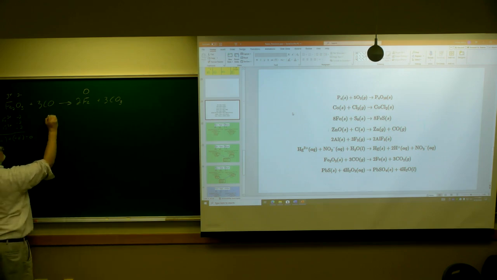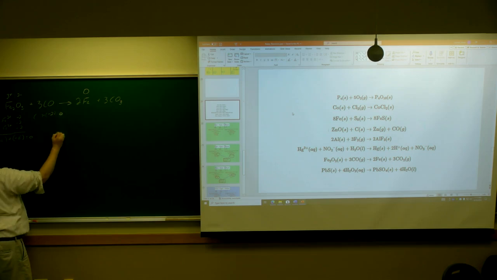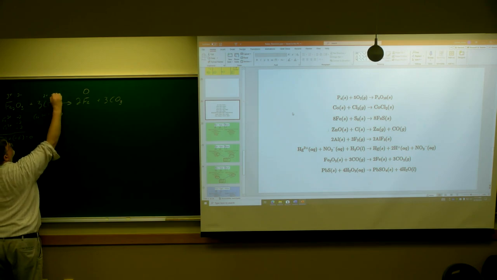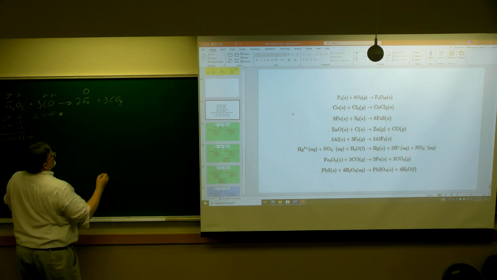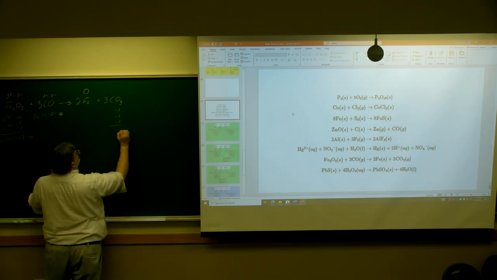So here, if oxygen is -2, carbon has to be plus 2, and 3 -2 charges. That's 0.